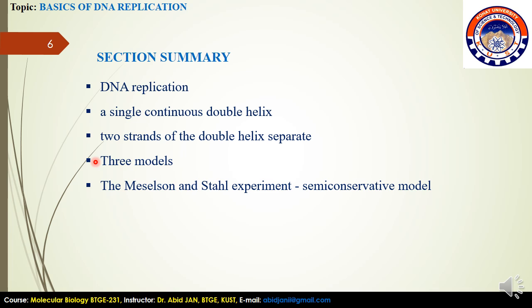After replication, each double-stranded DNA retains the parental or old strand and one new strand. The dispersive model suggested that the two copies of the DNA would have segments of parental DNA and newly synthesized DNA.